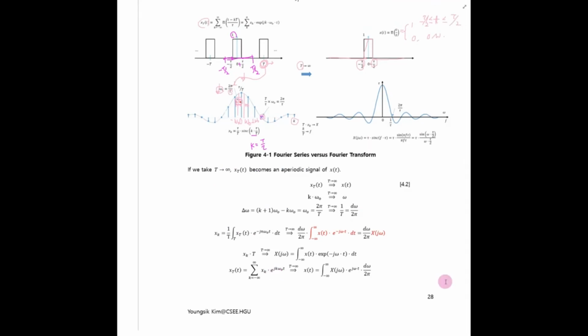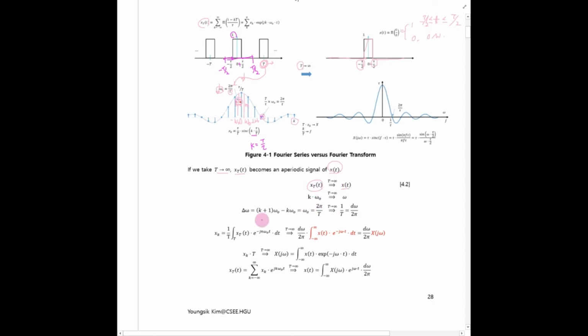As I told you, if T goes to infinity, x(t) becomes a non-periodic signal. At the period of T the signal is this one, but if the period is large enough, it is a non-periodic signal.